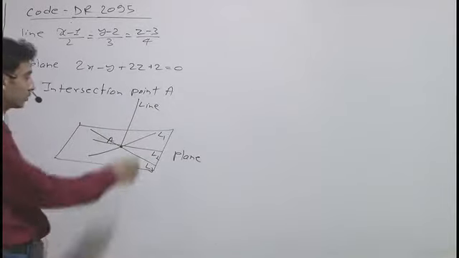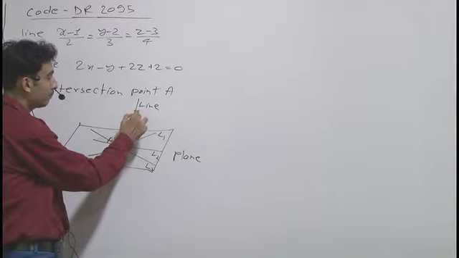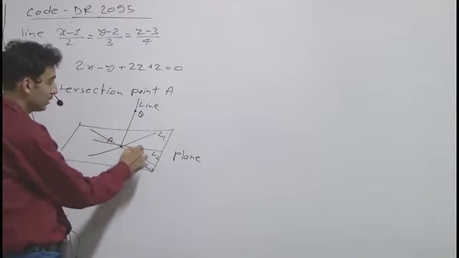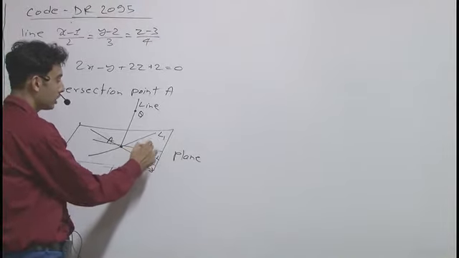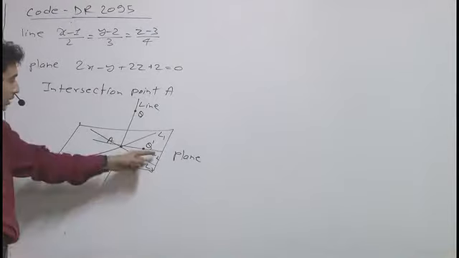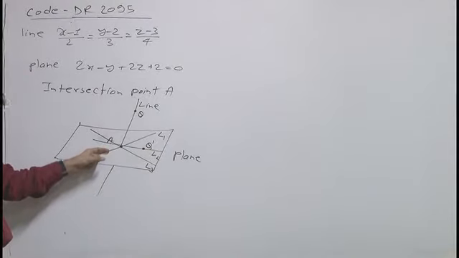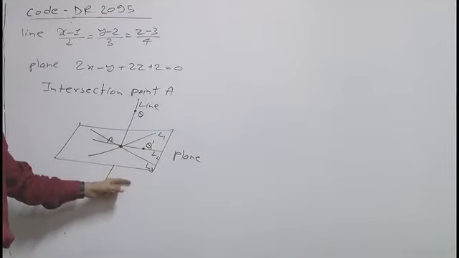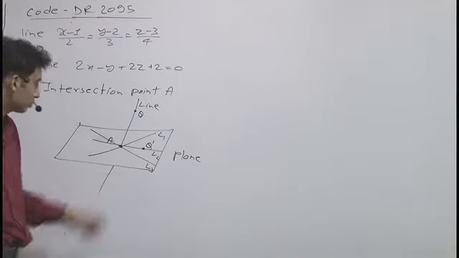So we take a point Q on the given line and find the projection of point Q on the given plane, Q dash, and if we join Q dash to A, we can get our required answer.